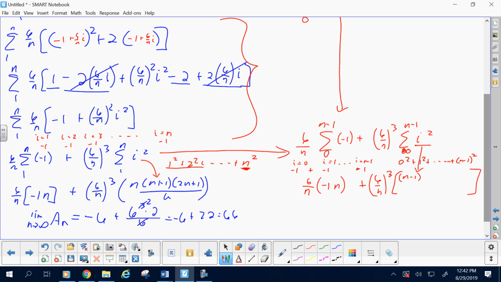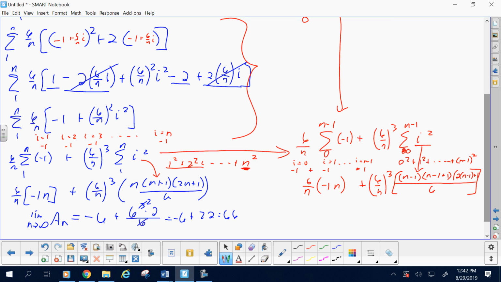Because I'm not ending at n anymore, I'm ending at n minus 1, I only need to put in an n minus 1 there, and an n minus 1 there, and an n minus 1 there, which is pretty gross. And adapt the formula a little to my new finish point.